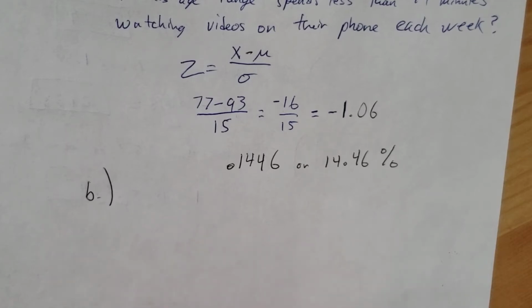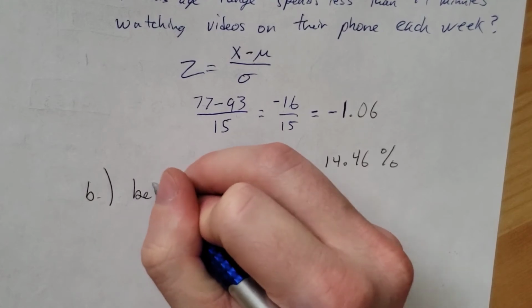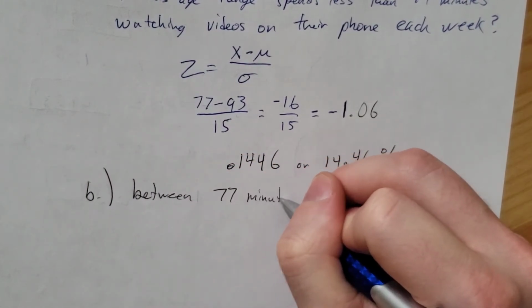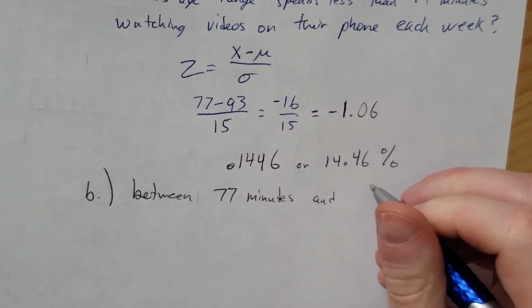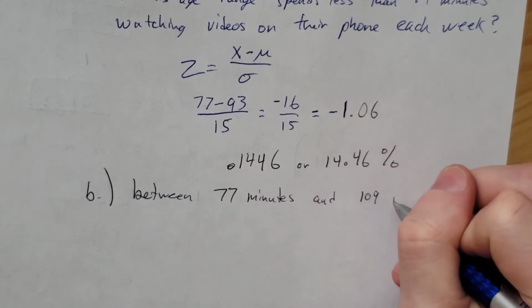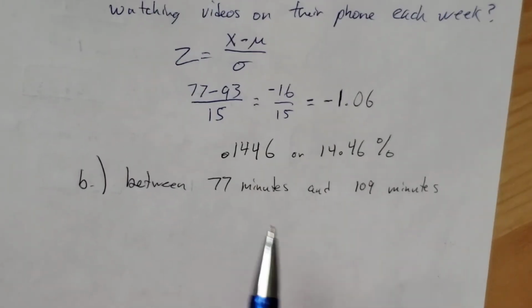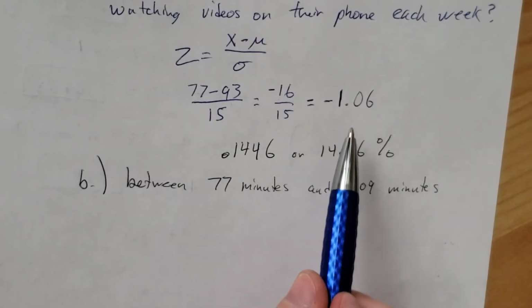We're going to do a related problem, part B here. What is the probability that an 18 to 34-year-old spends between 77 minutes and 109 minutes? Well, for the 77 minutes, we already found the z-score.